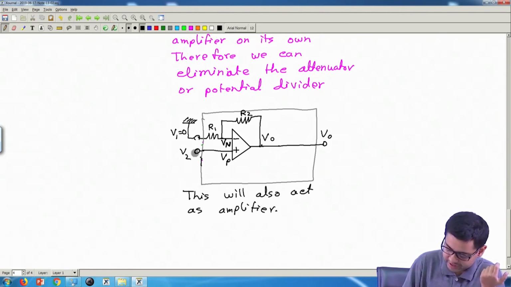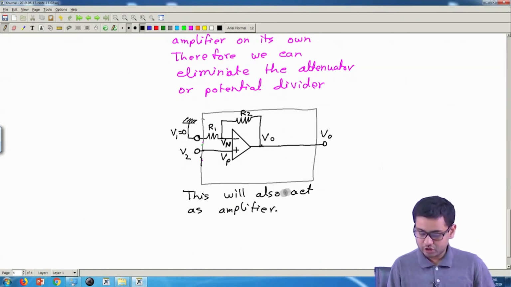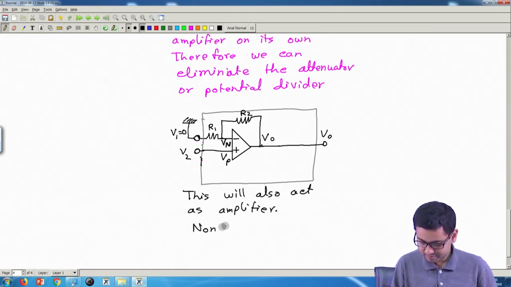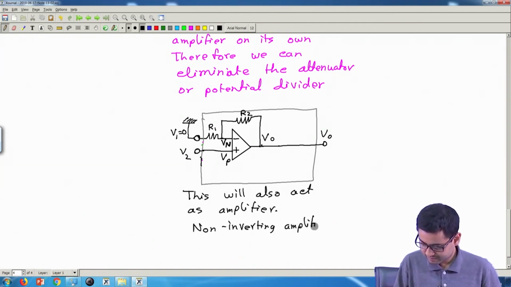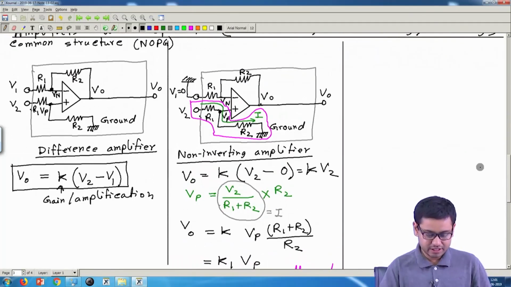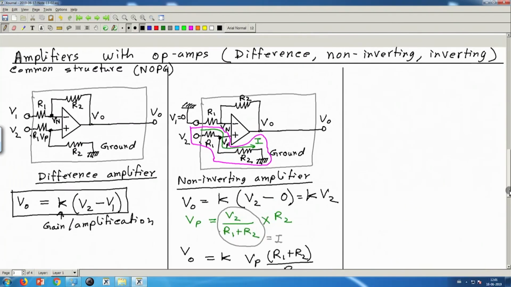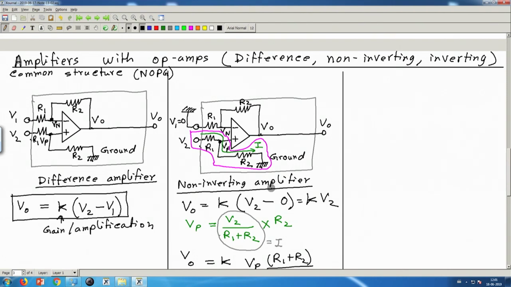And you might have already seen this circuit in books or elsewhere where it is written as the non-inverting amplifier. So it is non-inverting amplifier, but it is not much different from the difference amplifier. What I want to say is that you do not have to remember three different circuits for difference amplifier, non-inverting amplifier, and the other one I will do, inverting amplifier.